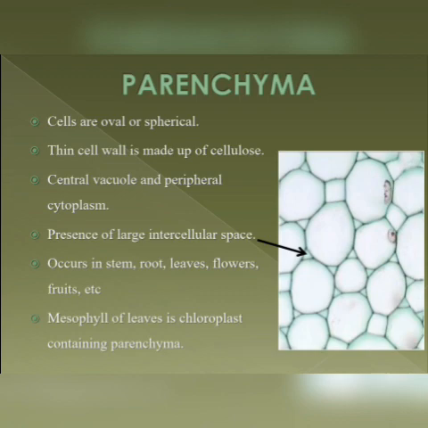In case of the mesophyll type of leaves, it is containing chloroplast. Mesophyll cells are parenchymatous cells which contain chloroplast, and that helps them to produce food by photosynthesis.